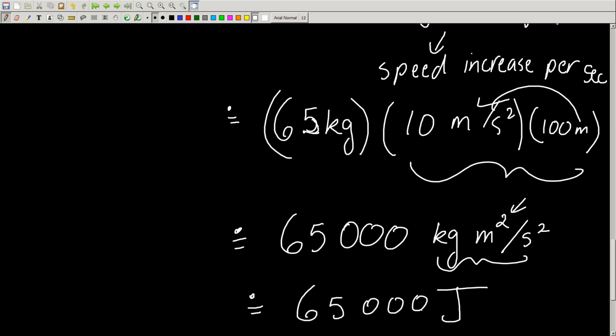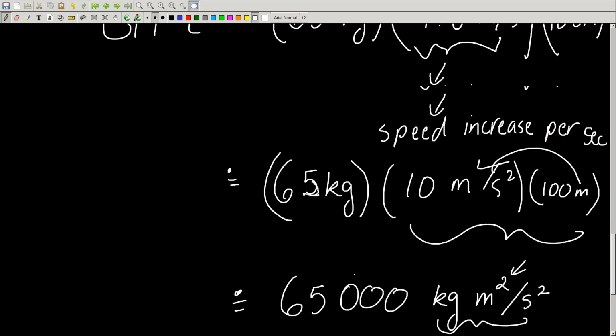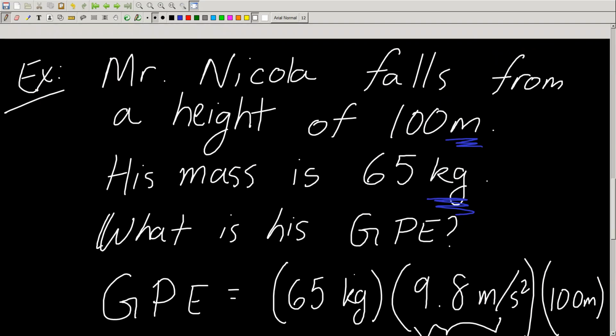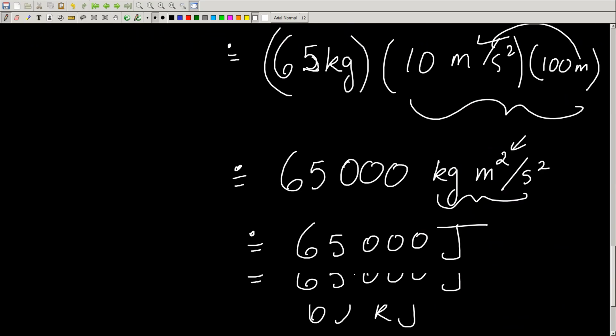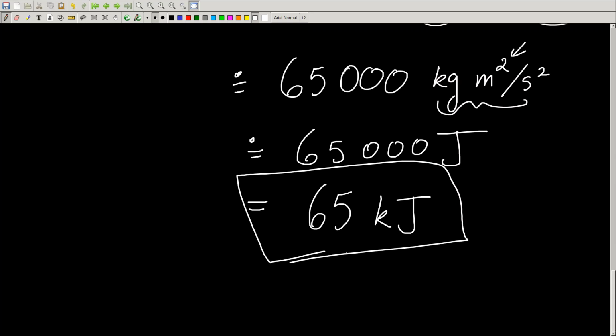What's more important is that we've got 65,000 joules. 65,000 joules can be rewritten as 65 kilojoules of energy. So me falling from that height, with my mass, due to gravity, can generate as much as 65,000 joules, or 65 kilojoules. So this is how I would calculate my energy stored due to my falling from a height.